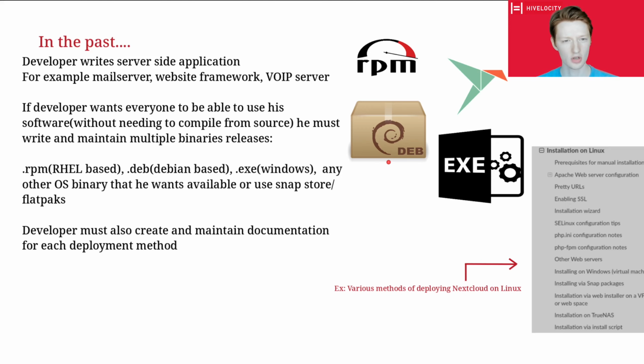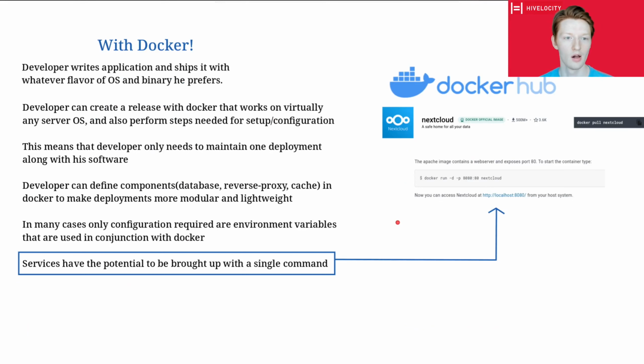Now, how does Docker help out in this department? With Docker, a developer can write this application and have it be installed on whatever operating system he prefers. Let's say a developer loves Ubuntu Server. He can create a Docker file that will always download Ubuntu Server and bundle his dependencies and ship out the software he knows best.